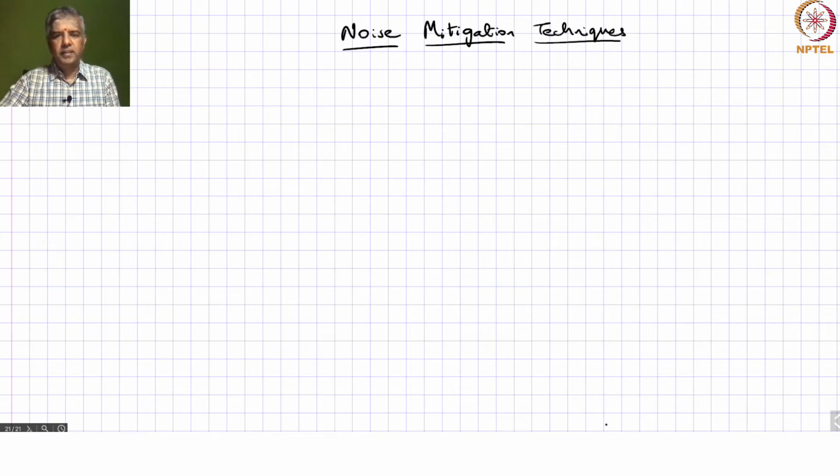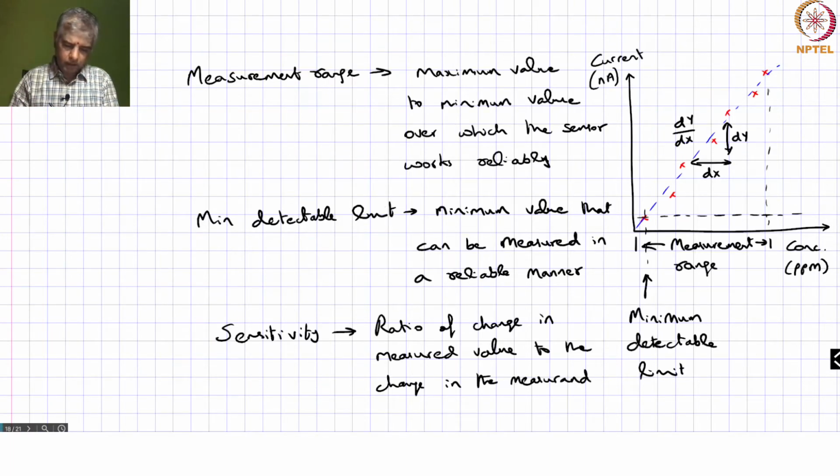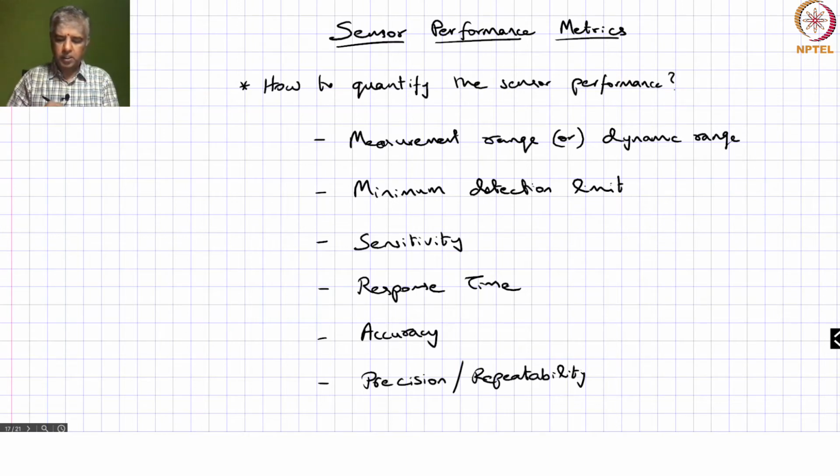Hello. In our previous lecture, we looked at some of the performance metrics of a typical optical sensor. These are basically the quantification of the performance of an optical sensor, and we looked at several parameters like measurement range, minimum detection limit, sensitivity, response time, accuracy, and precision.